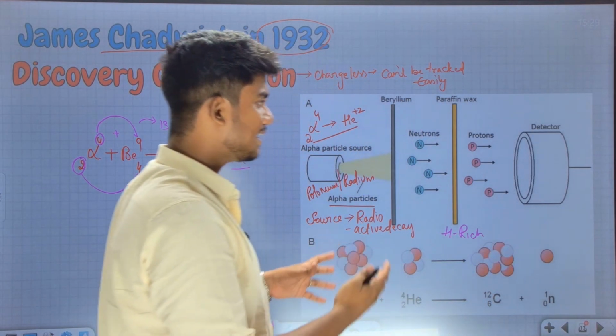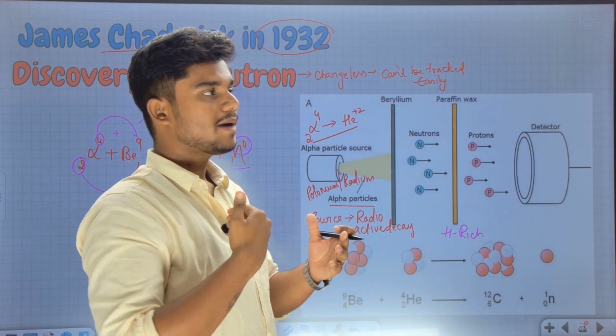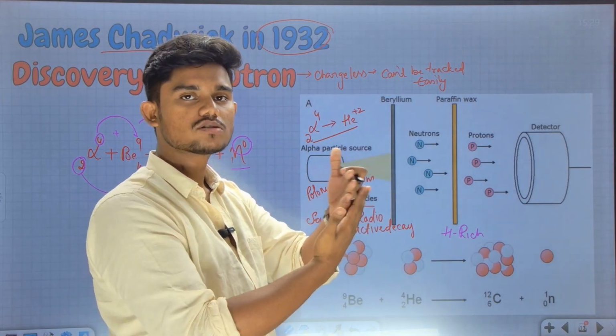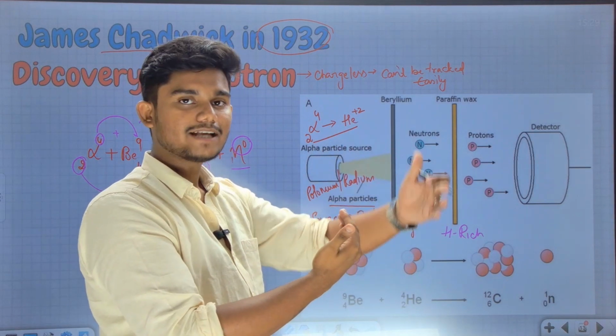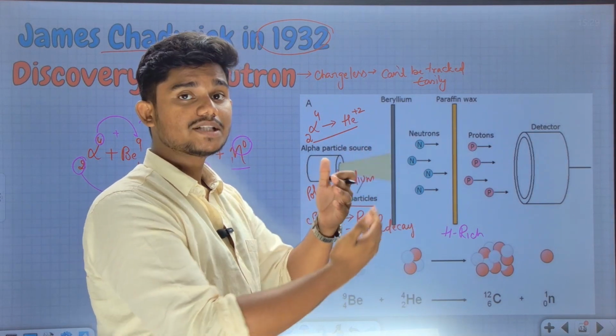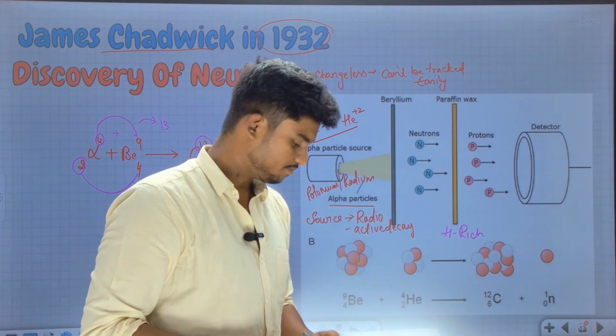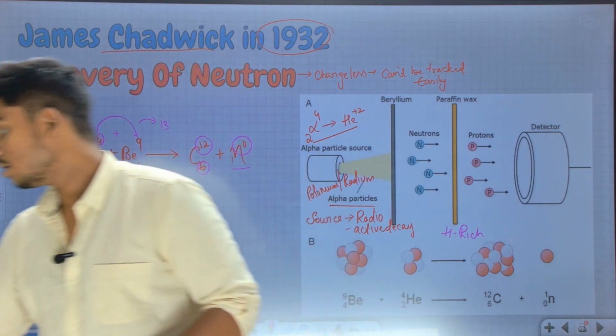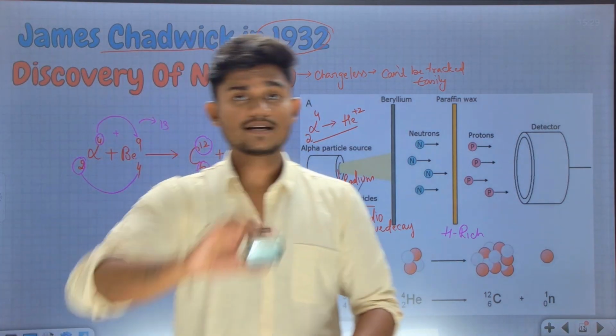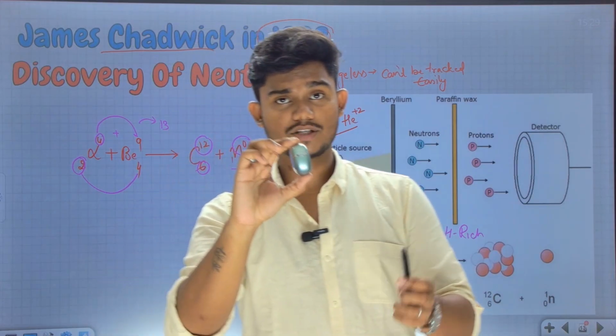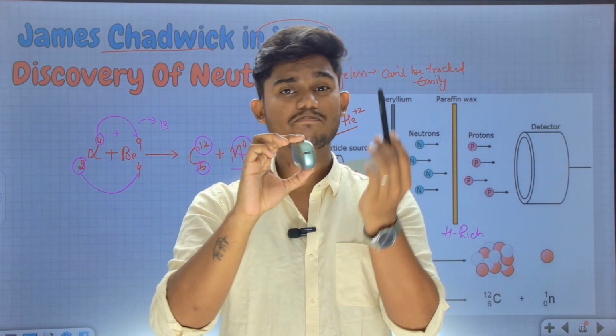When alpha particles were bombarded, neutrons were released, and right next to the beryllium sheet there was paraffin wax. So let's say this is the beryllium sheet and this is your paraffin wax.